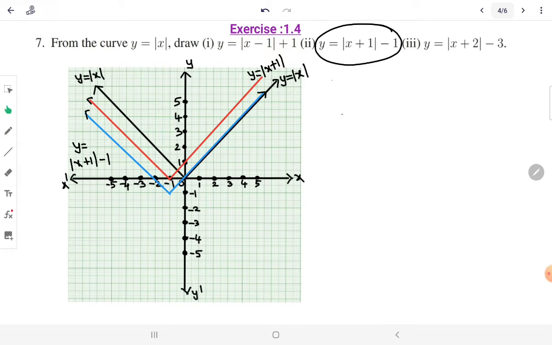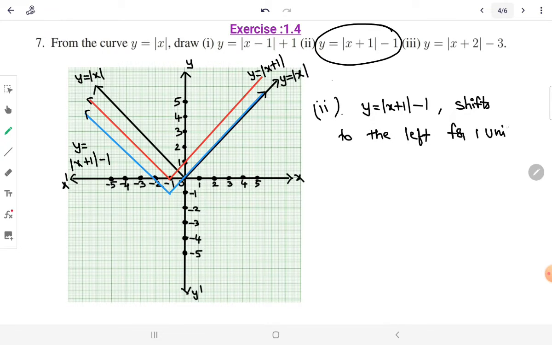Try to follow this. So here x plus 1 means it shifts left side by 1 unit, and minus 1 means it shifts downward. Now let's write about the second one. The graph y is equal to modulus of x plus 1 minus 1 shifts to the left for 1 unit.